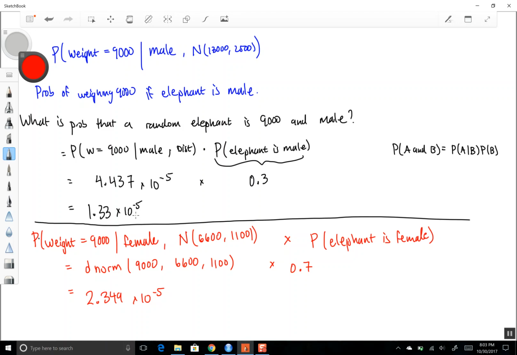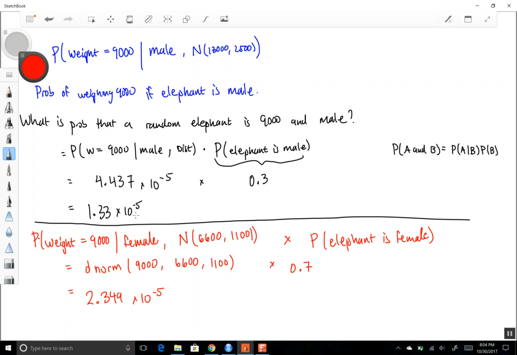Okay, and so basically I'm going to just add these two together, and I will get what? 2.67 times 10 to the minus 5. And we're going to get something pretty close to, what? No, 3.67. Okay, and then I'll do 1.33 divided by 3.67, and then 2.349 divided by 3.67, basically.